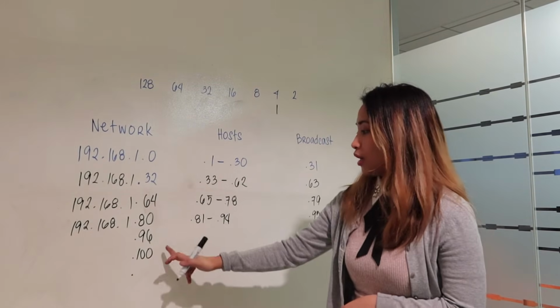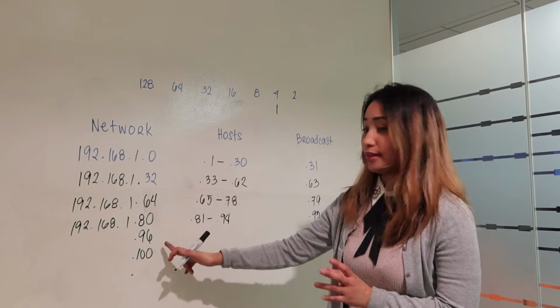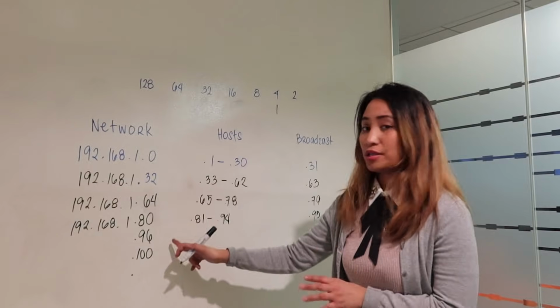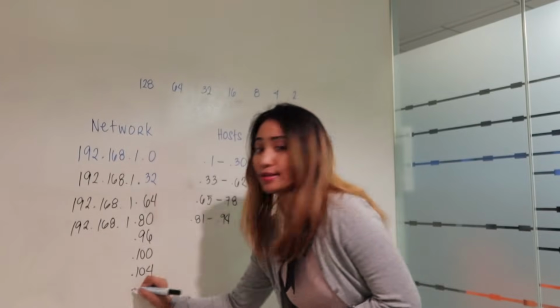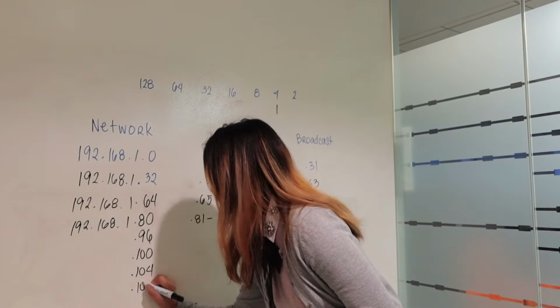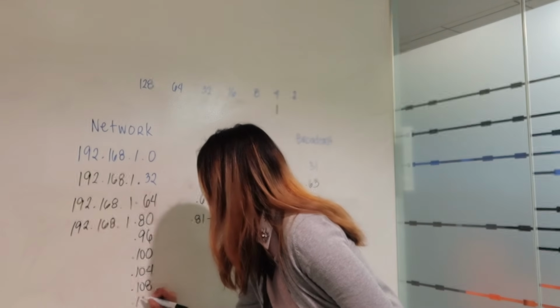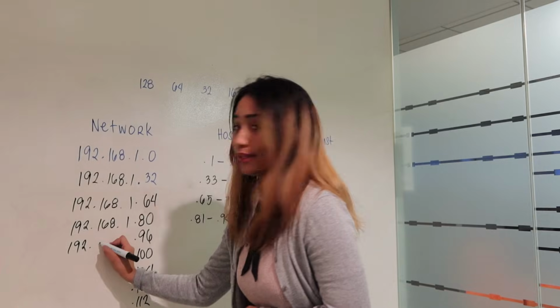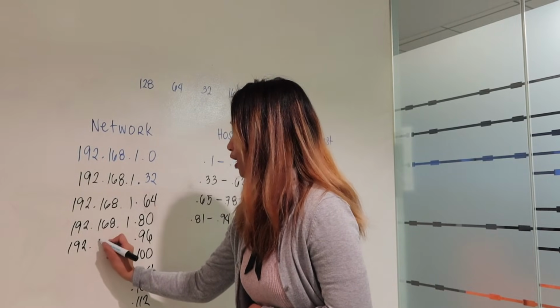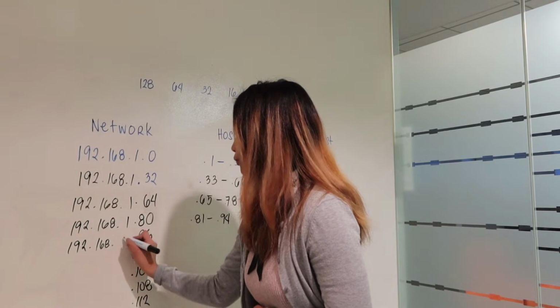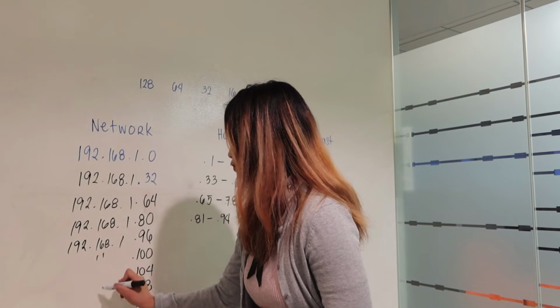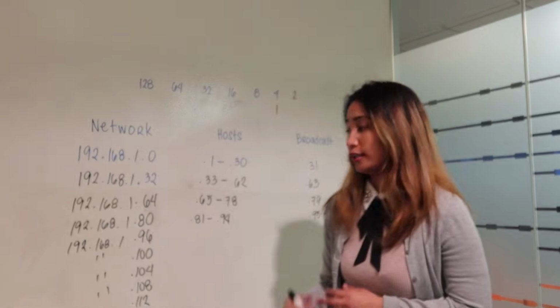Then after that, we are just going to add the increment again. 100 plus the increment 4 is going to be 104. Then next is going to be 108, and next is going to be 112. The network octets here are 192.168.1, and I am just going to fill in the rest because they're all the same.